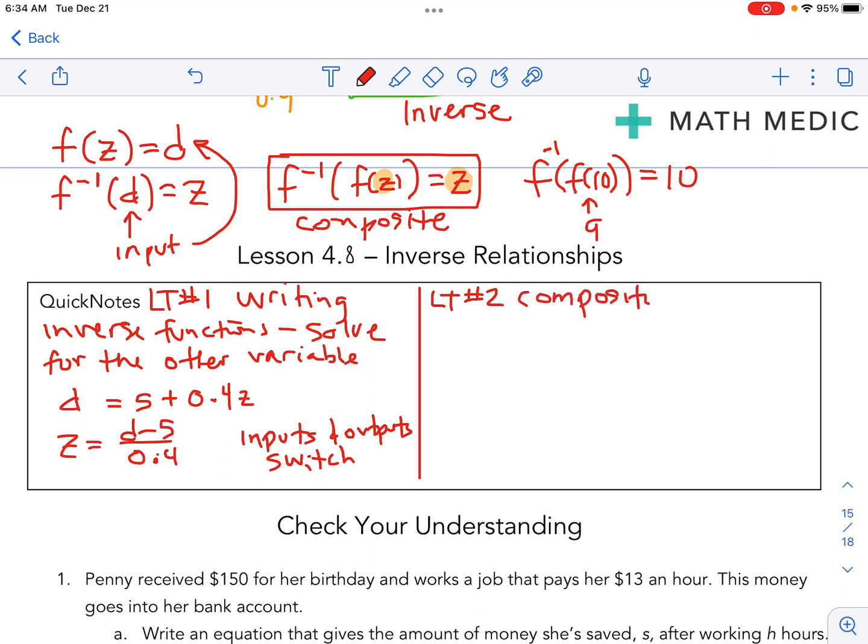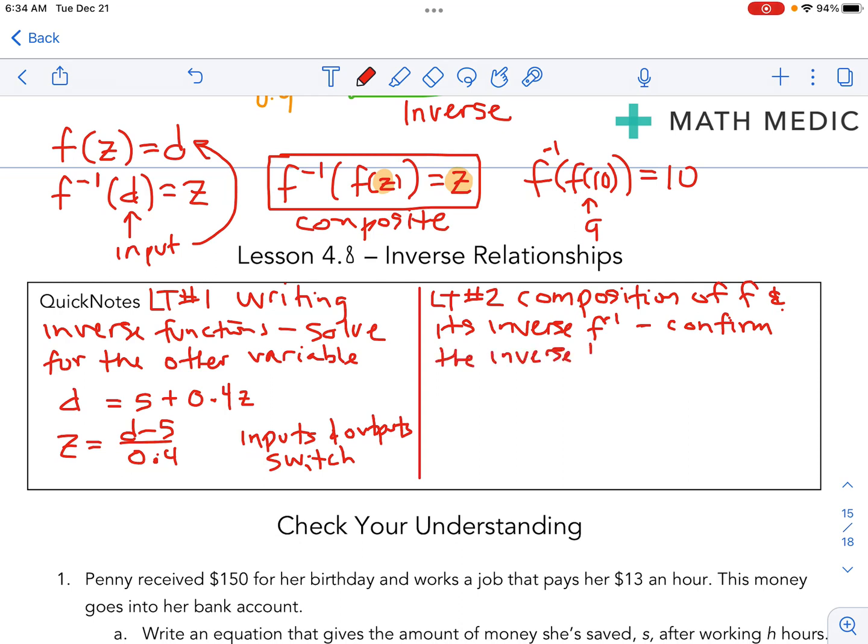And then the other learning target is to write a composition of f and its inverse, f minus 1. To do this is a confirmation of inverse.